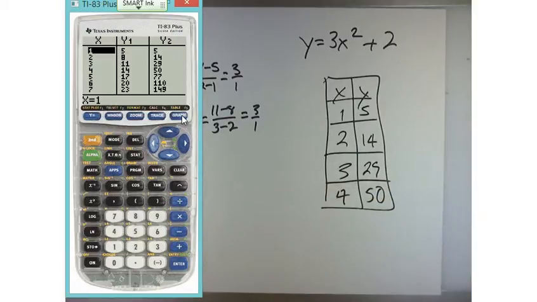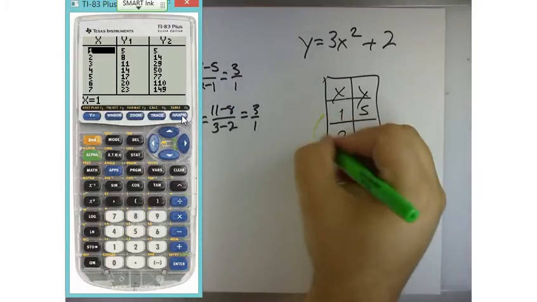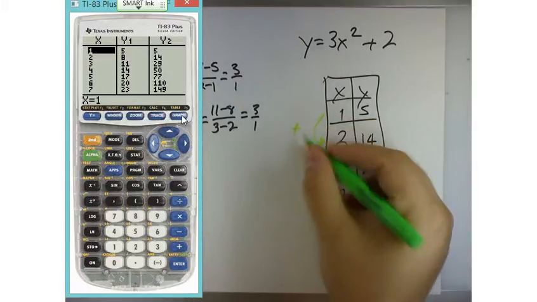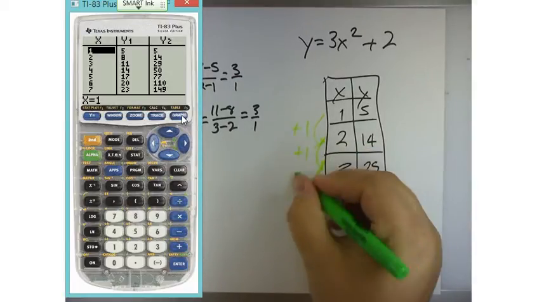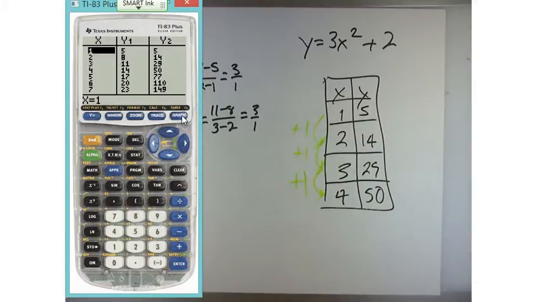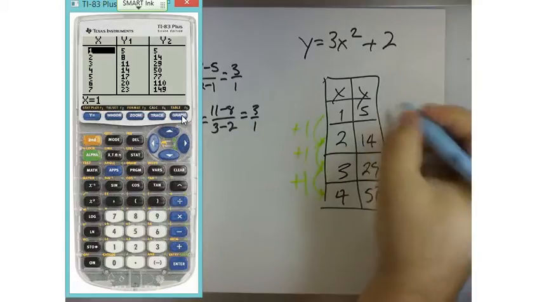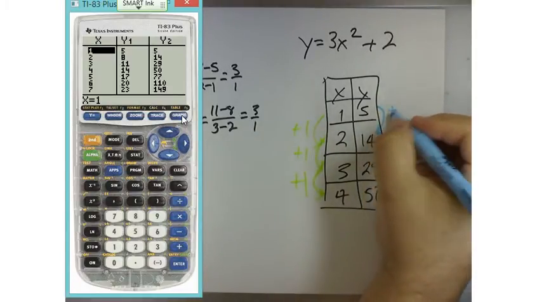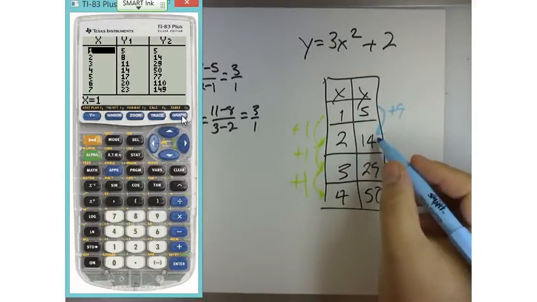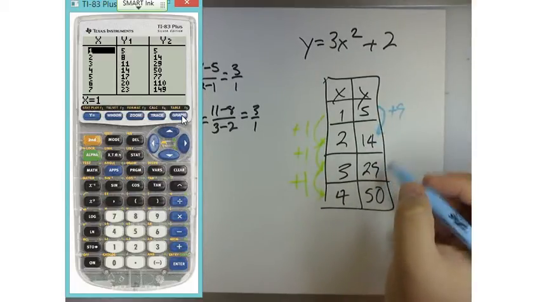So that one changes drastically, right? Here, I want to point out, here though I go plus 1, plus 1, plus 1. On the right hand side, it looks different though. Here I go, what do I add to get from 5 to 14? 9, plus 9. What do I do to get from 14 to 29? 15.